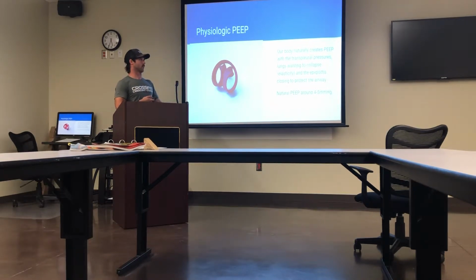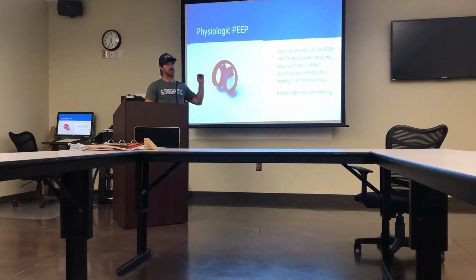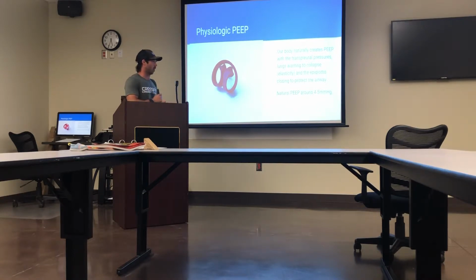So every patient should get a PEEP valve on their BVM. Every patient should have a minimum of 5 PEEP when they're on the ventilator, in my opinion. There's always some cases where you don't need it, but every one of my patients gets a PEEP of 5 when they're on the ventilator. Or if they're on a BVM, I've got a PEEP valve on, turned to 5.